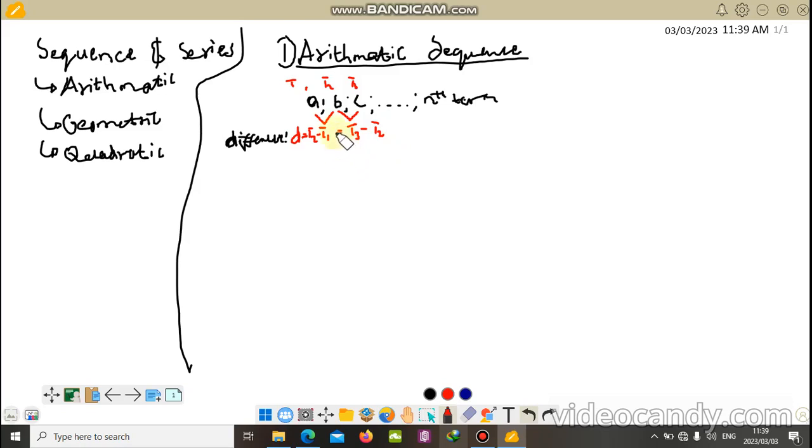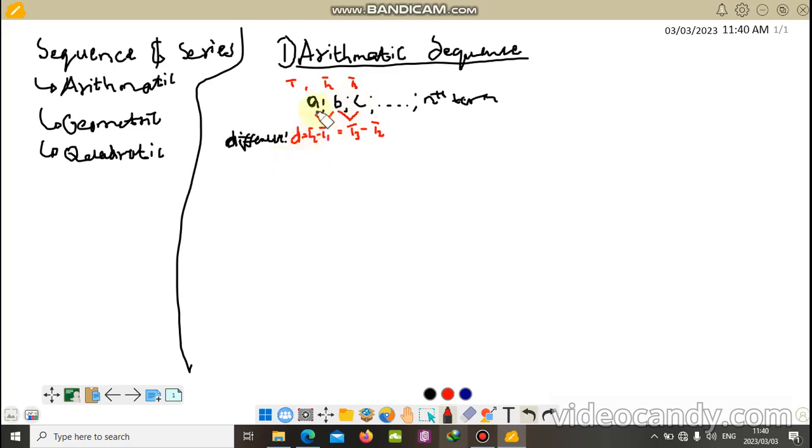So that is what's happening, guys. You just take a term and subtract the term before that one, and then you get the difference. You cannot say C minus A. You take the closest, the one before. So it's going to be term 2 minus term 1 or term 3 minus term 2, depending on which values you have. And that's going to give the difference in the sequence.